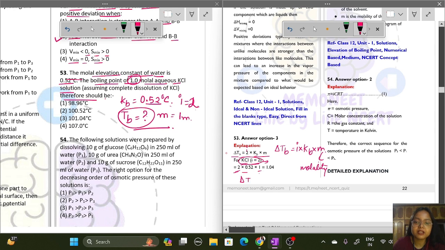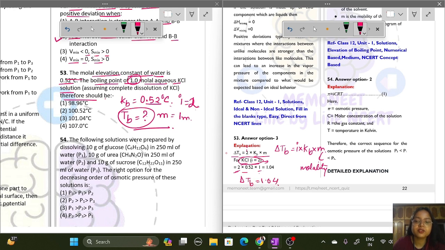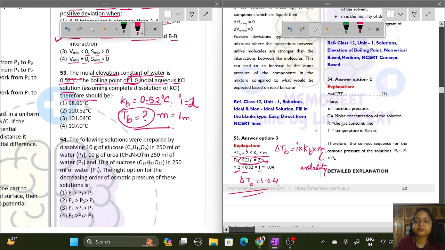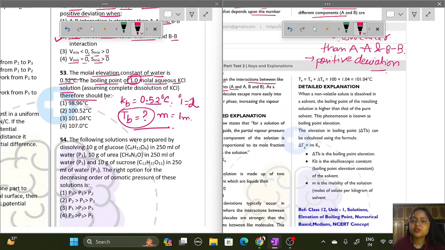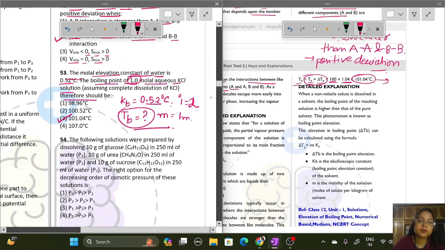So delta Tb comes out to be 1.04. Now we have to calculate Tb. Tb is Tb° plus delta Tb, so this will be the formula. Tb° is 100 and delta Tb is 1.04, which means the boiling point is 101.04, so option number 3 is the correct answer.